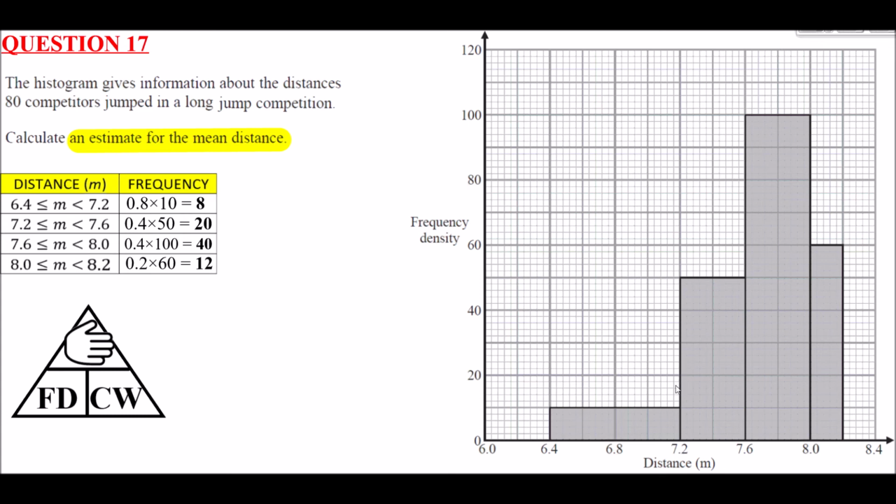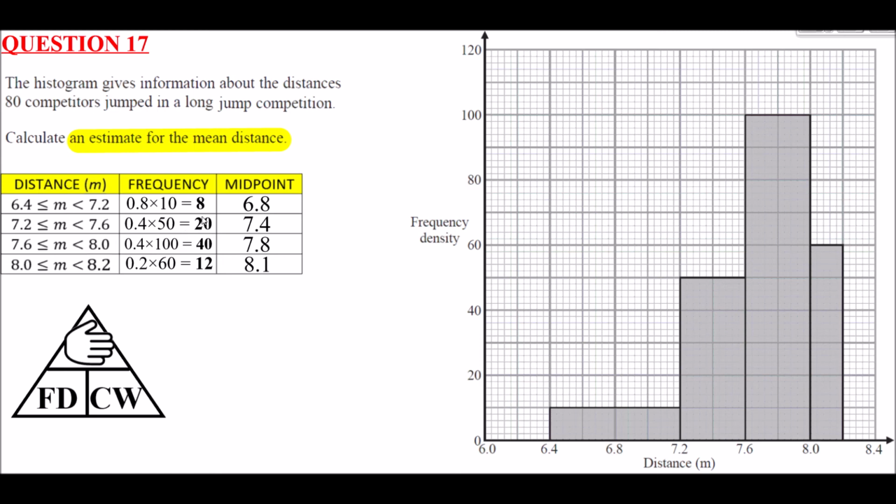Now what we need to do is to work out the midpoints of these intervals. So halfway between 6.4 and 7.2, that's going to be 6.8. Halfway in between 7.2 and 7.6, that's going to be 7.4. Halfway in between these two numbers is 7.8. And halfway between these two is going to be 8.1.